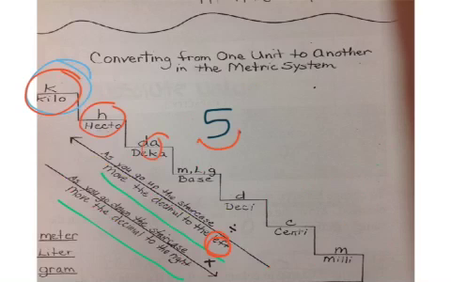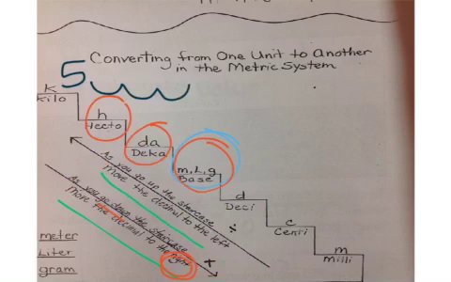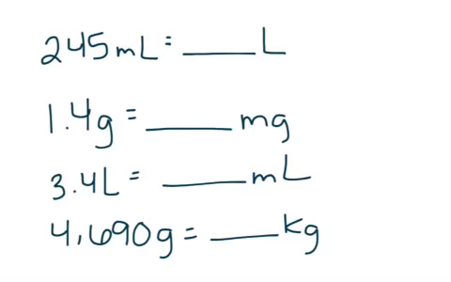So we count 1, 2, 3, and we get 0.005 or 5 thousandths. Reversing back the other way, if you're moving down the staircase, that decimal goes to the right, the same way that you're moving. So we count 1, 2, 3, back to our base, and we're moving our decimal 1, 2, 3 times to get 5,000.